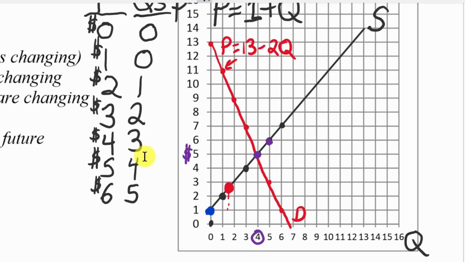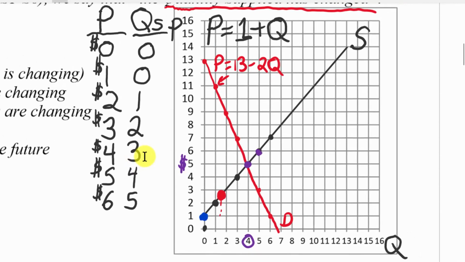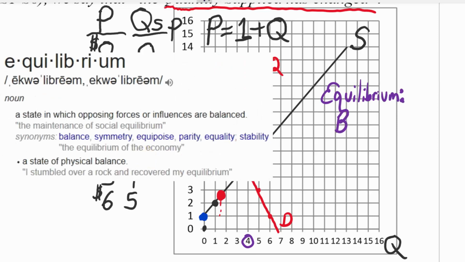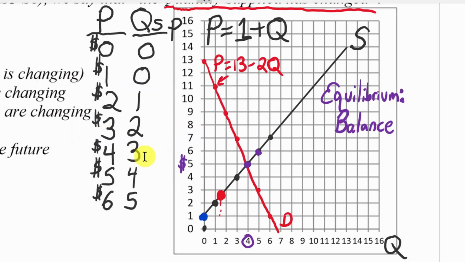So why equilibrium? What does the word equilibrium actually mean? Well, when you look up the word equilibrium in the dictionary, it actually means balance. So when we're looking for an equilibrium, we're looking for a place where things are in balance. Well, what is it that we want to be in balance?